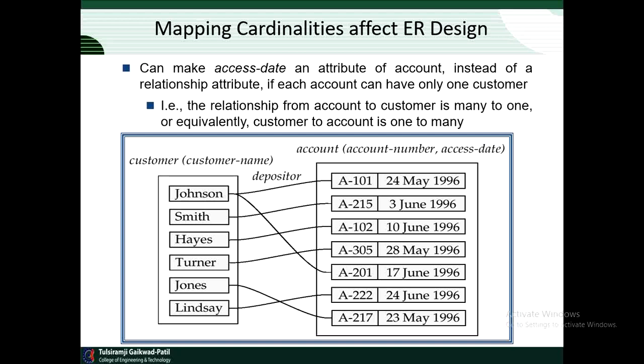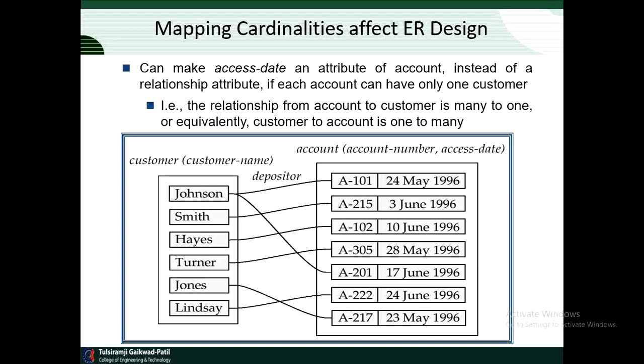If each account can have only one customer, then the relationship from account to customer is many-to-one, or equivalently customer to account is one-to-many. So this is how mapping cardinalities affect the ER design.